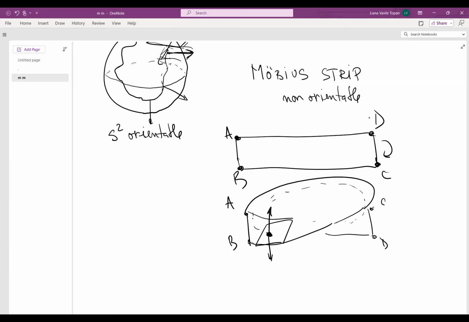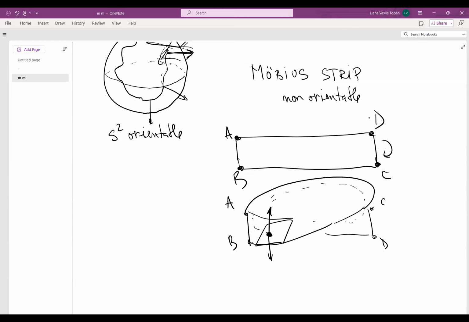So anyway, the bottom line is that every connected orientable manifold has exactly two orientations, right? One is given by positive determinant, for instance, and the other one by negative determinant. So there are ways to understand a little bit better this orientable, non-orientable thing, but of course, the Euclidean space is orientable, right? Spheres are orientable, and so on.